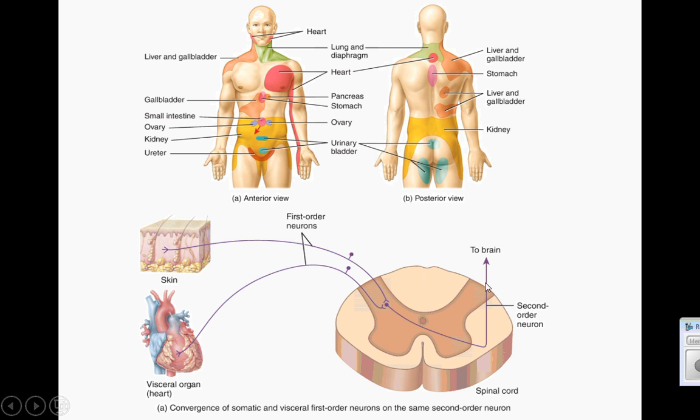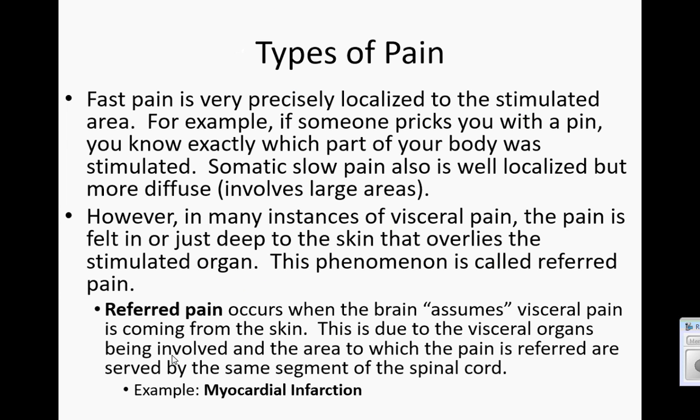That second order neuron is going to carry the signal into our brain the same way it would if the signal was originating in our skin or from our viscera. So it might end up being that our brain assumes the pain is coming from our skin instead of where it's actually coming from. So it's kind of like a crossed wire situation. So overall, a mix-up.